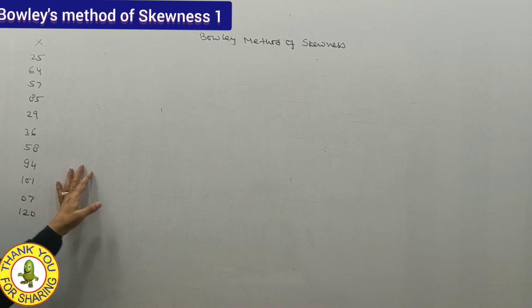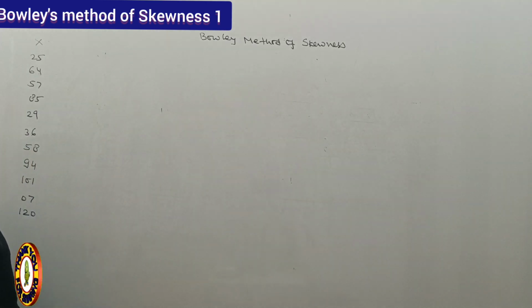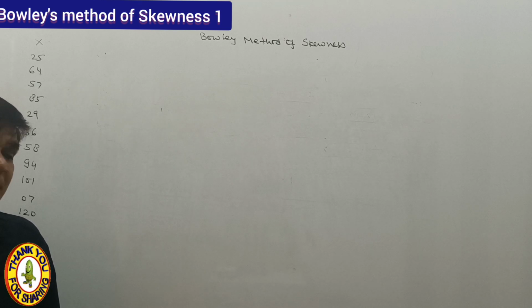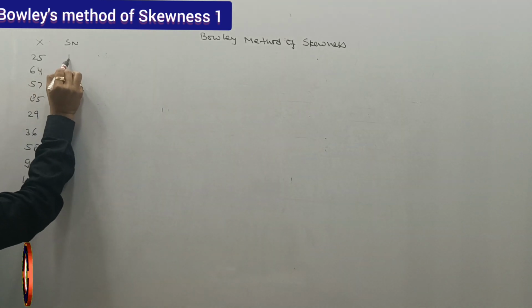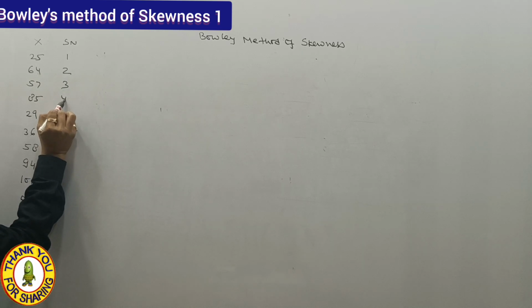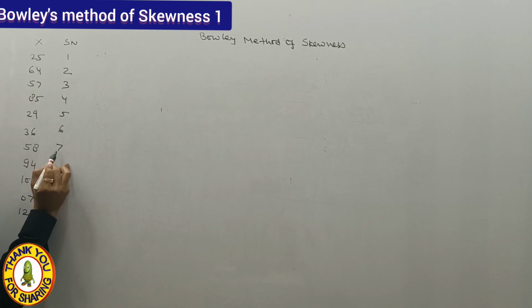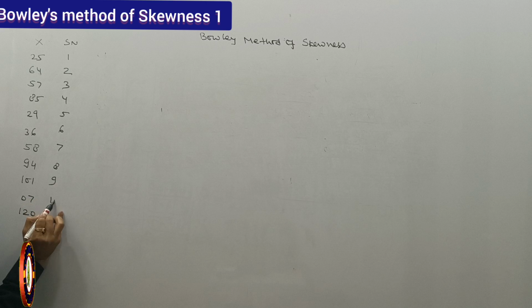So this is a case of individual series, and we are to calculate the Bowley method of skewness. First we write serial numbers 1, 2, 3, 4, 5, 6, 7, 8, 9, 10 and 11.